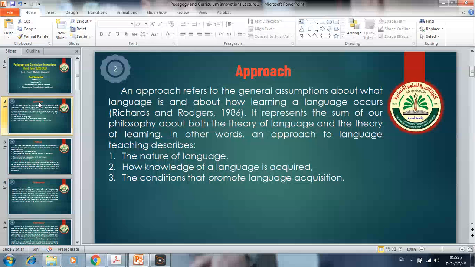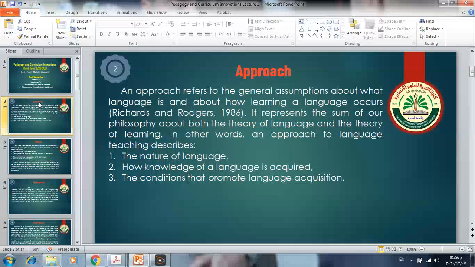In other words, an approach to language teaching describes, and here we are going to concentrate on the approach to language teaching. It describes first the nature of the language, and then how knowledge of a language is acquired, and the conditions that promote language acquisition. So these are the three basic things that the approach to language teaching describes. First, it describes the nature of language, and then how our knowledge about the language is acquired.